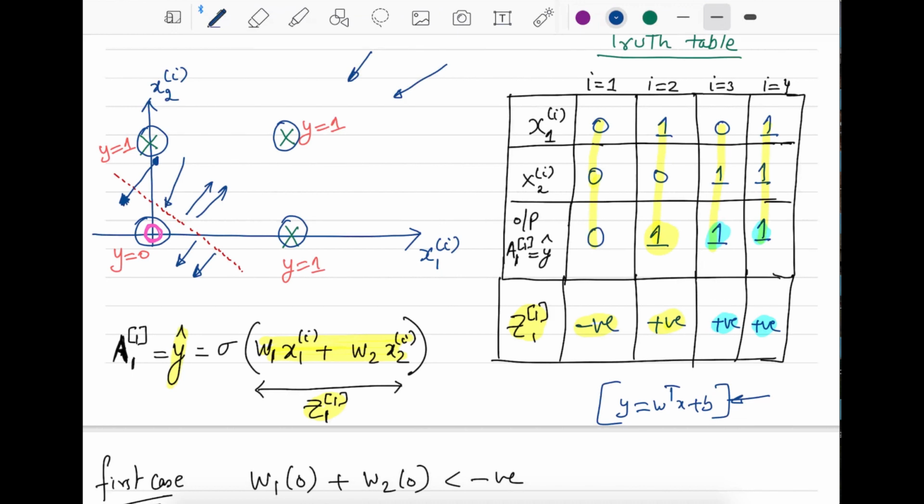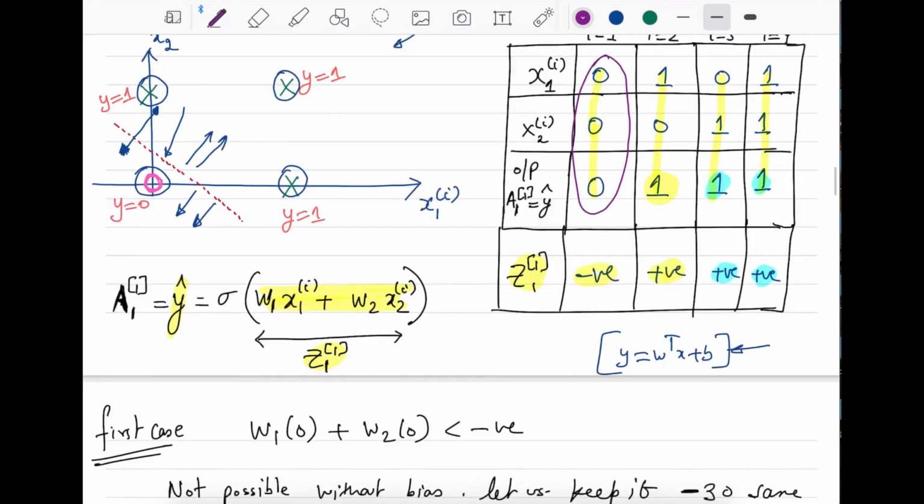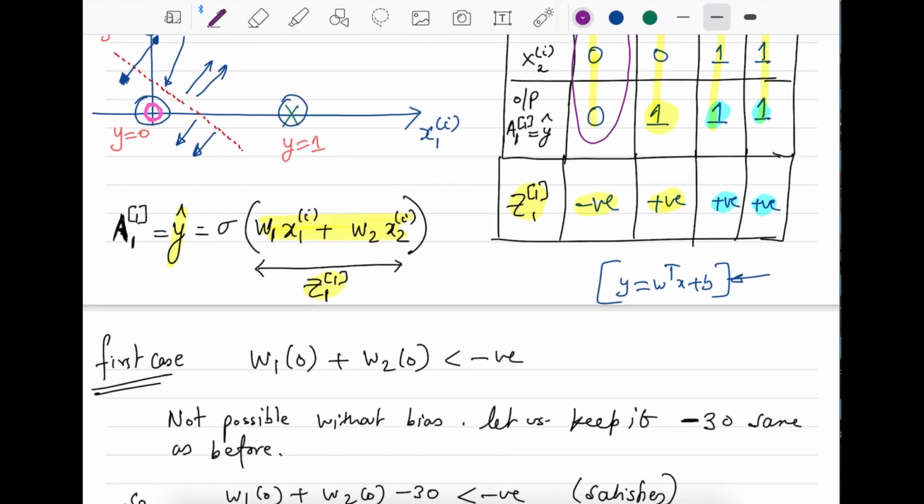To carry out this process, again we are considering the first case, which is this one. In this case, what I am saying is w1 x1 plus w2 x2, and we are putting the value of 0 over here. Once we put the value of 0, you again see that the summation of the two is giving you negative, but it's not possible because both the inputs are 0.